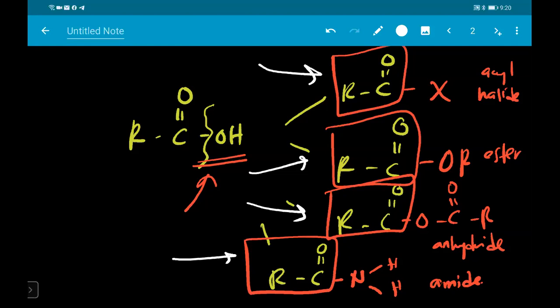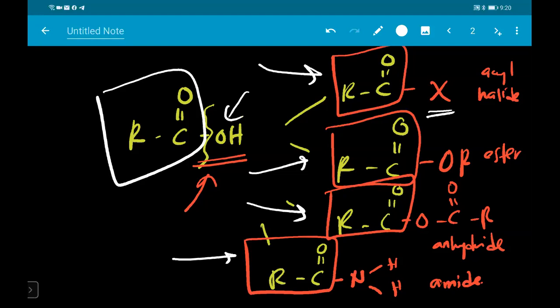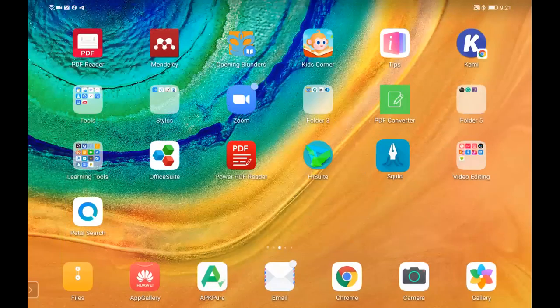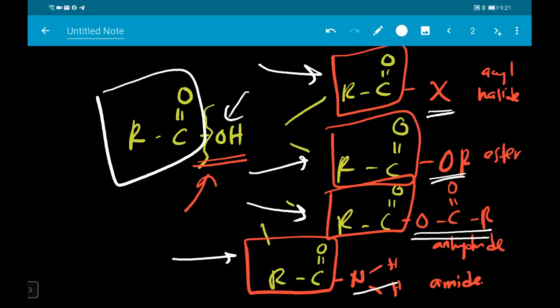Same goes like the carboxylic acid derivative. Diorang bahagian yang sama dengan carboxylic acid adalah bahagian C double bond O ni. So by replacing the OH with something else, X ke, OR ke, OC double bond OR ke, NH2 ni, alright, they will become something else.